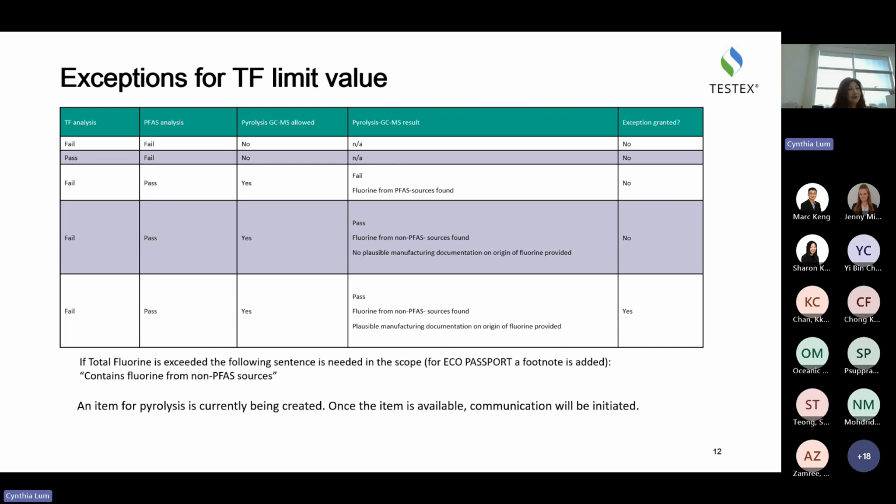This is a voluntary test. The client needs to prove with documentation that they are not using PFAS substances intentionally in their production or formulations. So if the pyrolysis test does not show fluorine from non-PFAS sources, then your certificate can be issued.